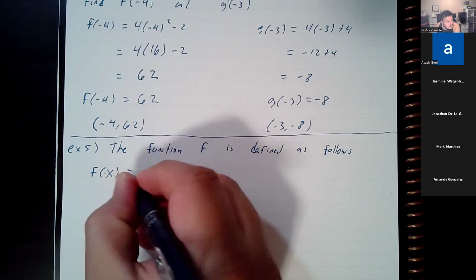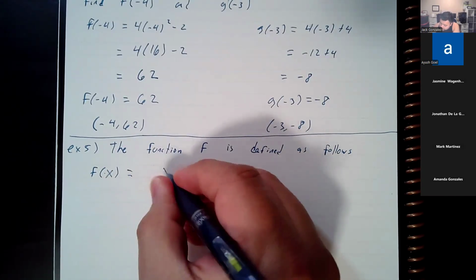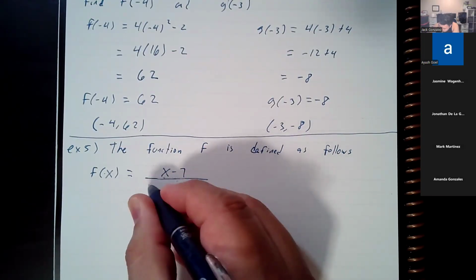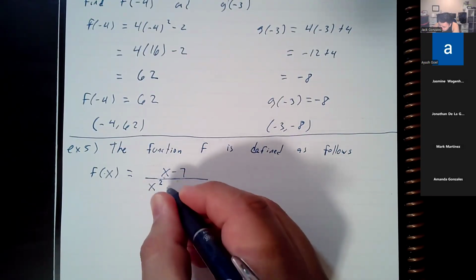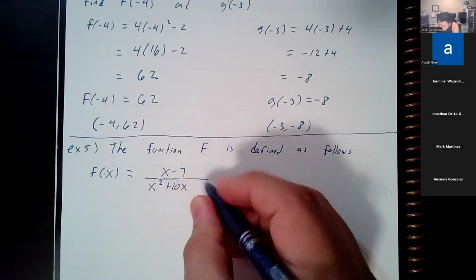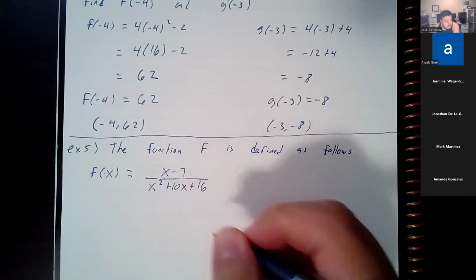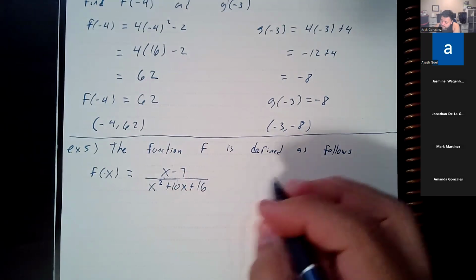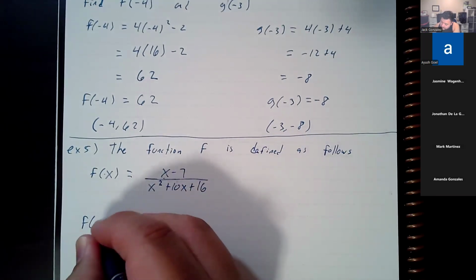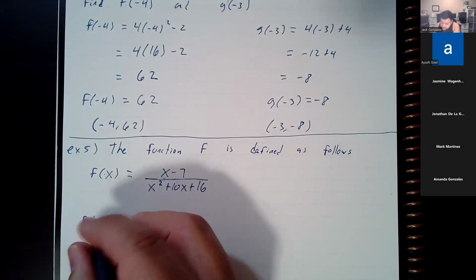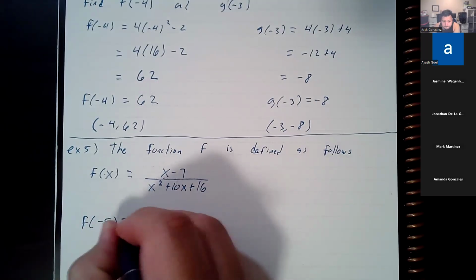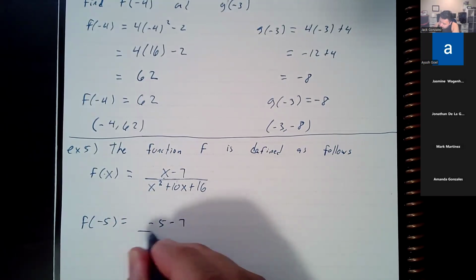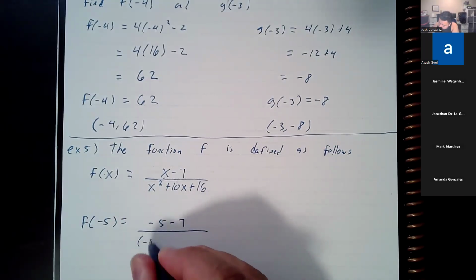They said f of x is equal to this rational expression. And then they said find f of -5. So just plug it in wherever you have an x.